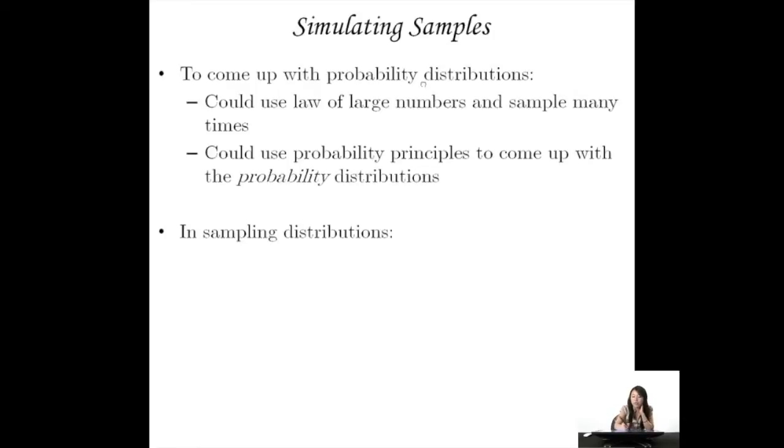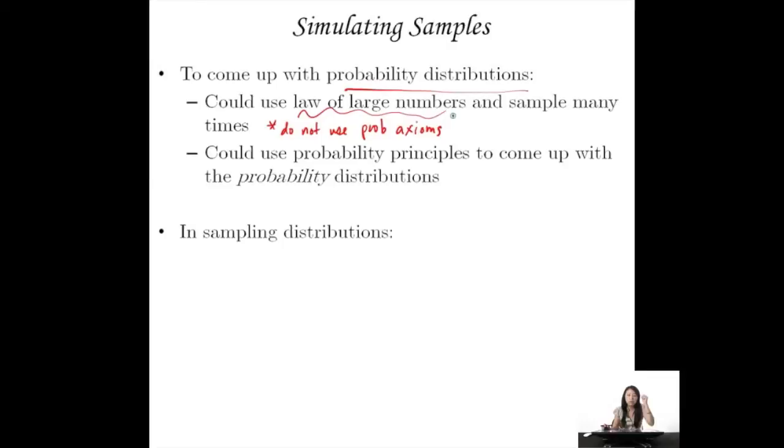So before, what we did in probability distributions was we used things like the law of large numbers, and we could sample many, many times. This is a case where we do not use probability axioms, the rules of probability. We don't use those regularities. We just use the law of large numbers. We pretend to sample many, many times, and then we generate the probability distribution that way.